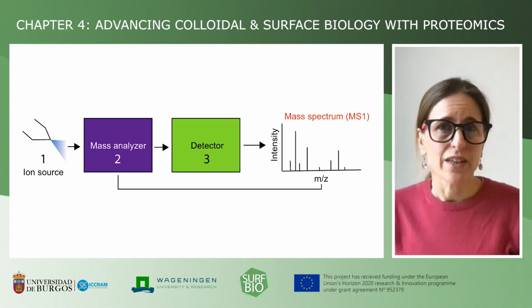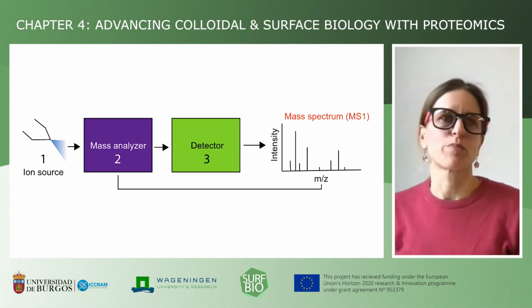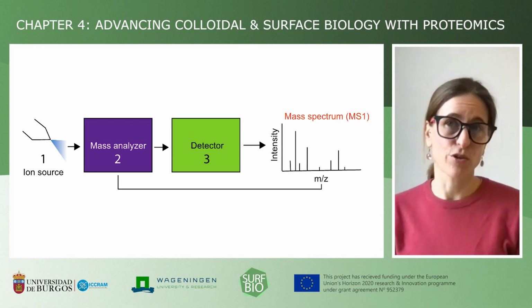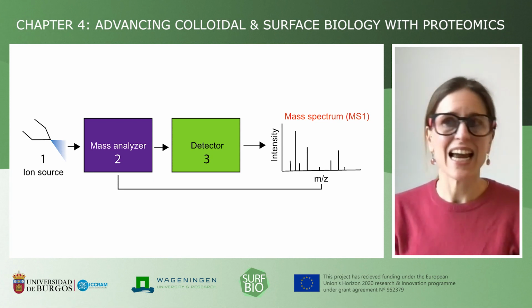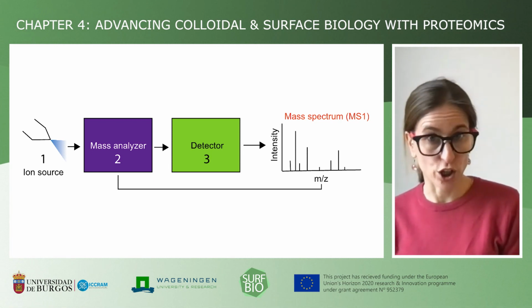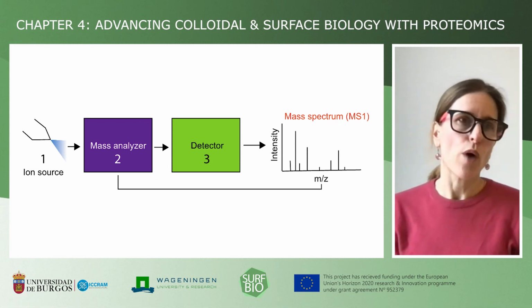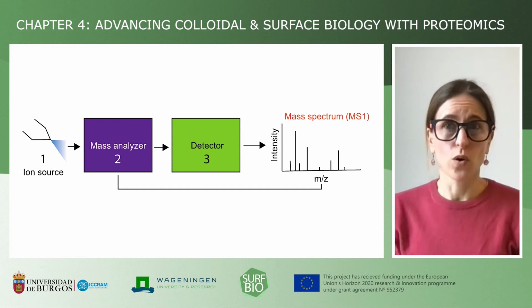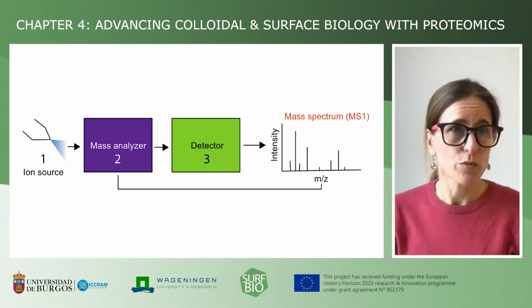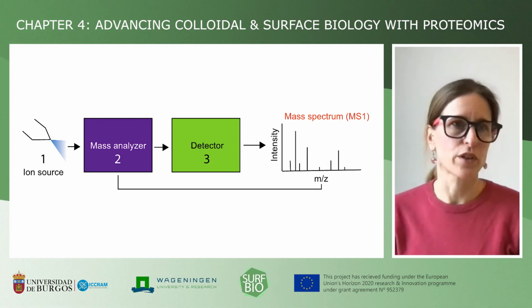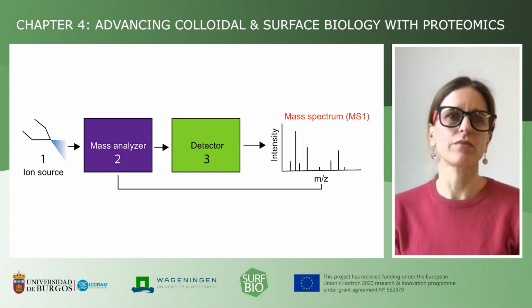When our peptides have passed through the mass spectrometer, the results are visualized as a graph in which the x-axis shows the m over z, meaning the mass over charge of a peptide, and the y-axis its intensity. This graph is called a mass spectrum or MS1 spectrum because the peptides went through one round of mass spectrometry analysis.